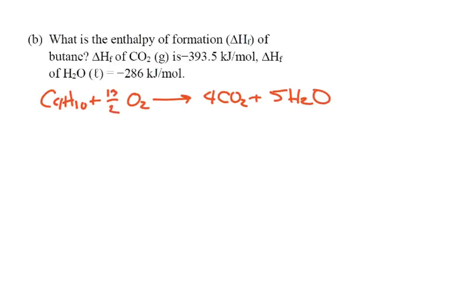So the idea here is heats of formation tell me the energy it takes to form these chemicals, so I am going to form these chemicals. The heat of formation is negative 393.5, and I'm doing it 4 times, so the delta H of the reaction is going to be 4 times the energy released when I form a mole of CO2.